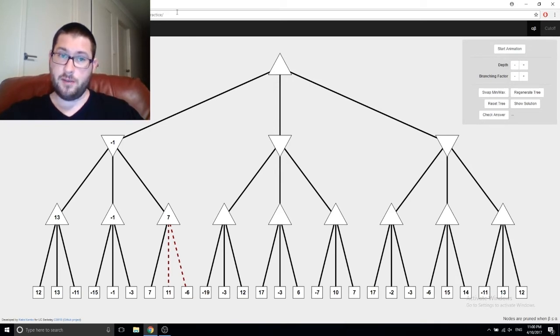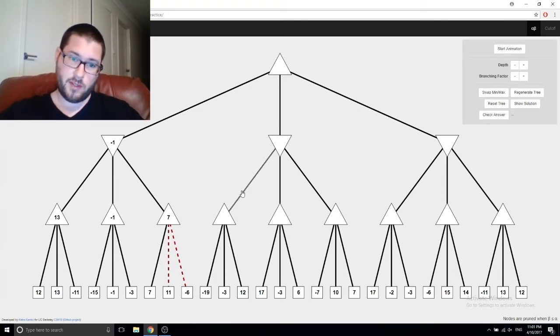This website's actually really good. Once you start to understand the concept, it's a really good resource to test your knowledge, because it allows you to fill out the Minimax tree.